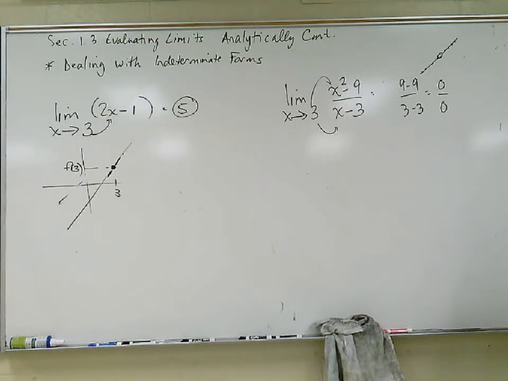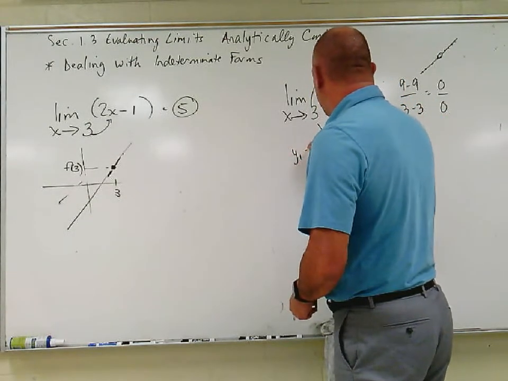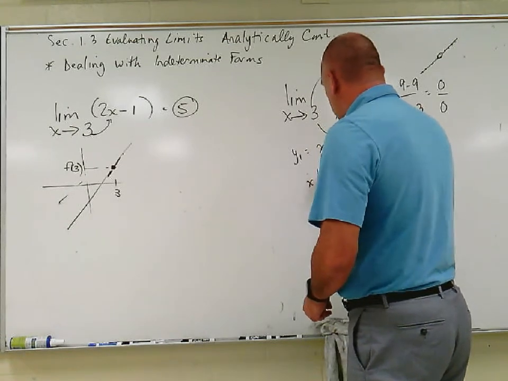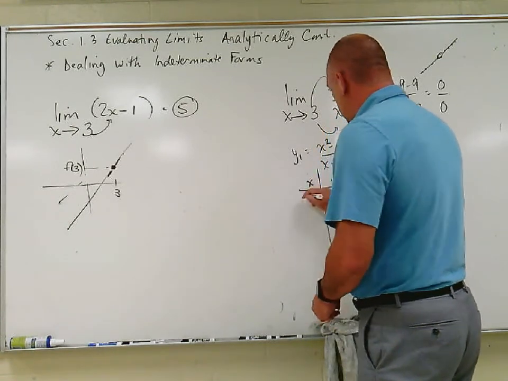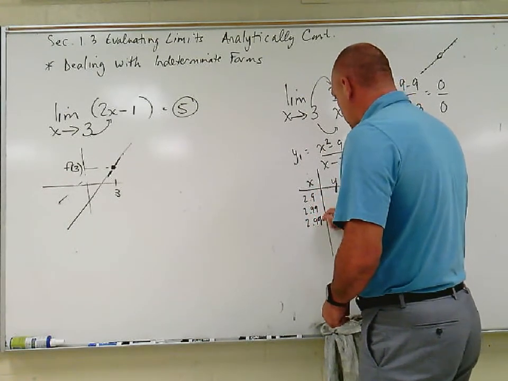I don't want to do the approaches, so I want to look for a shortcut. But just to see what the answer is, go into your Y1 and type this in, do your table, and approach 3. Do your 2.9, 2.99, 2.999, and that should do it.